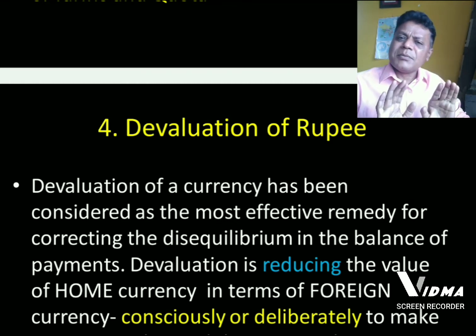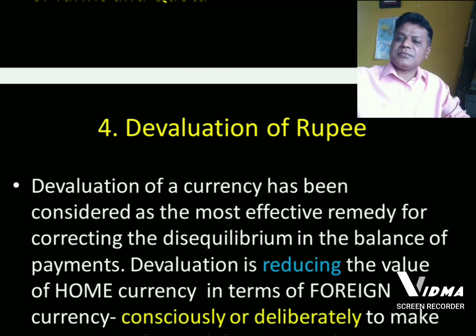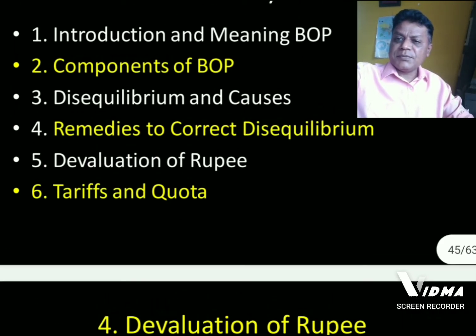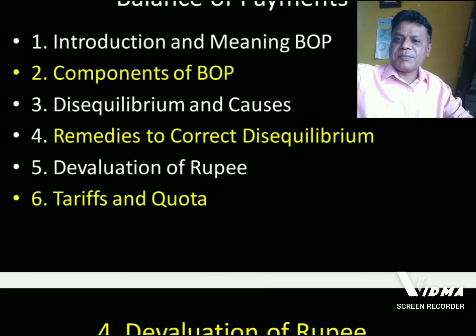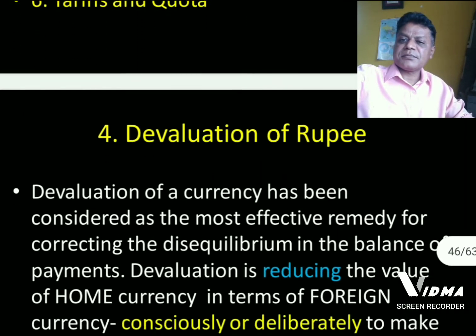This is the only major difference. Otherwise, exchange depreciation and devaluation of currency more or less remain the same. We are studying the fifth subtitle in unit 2, that is devaluation of currency.